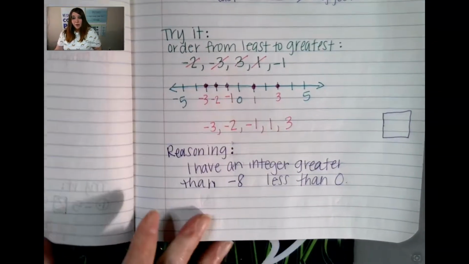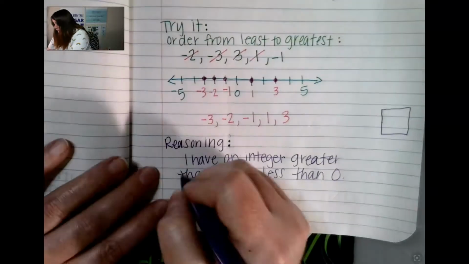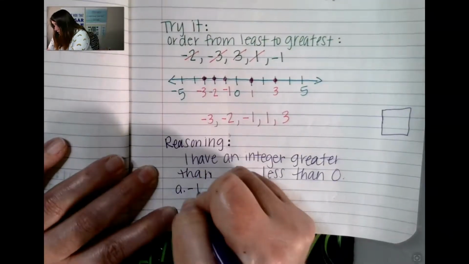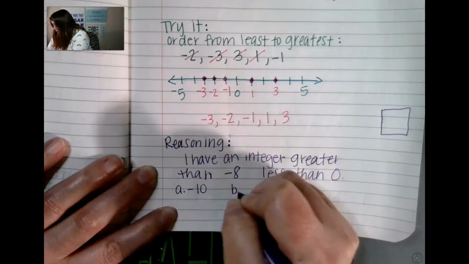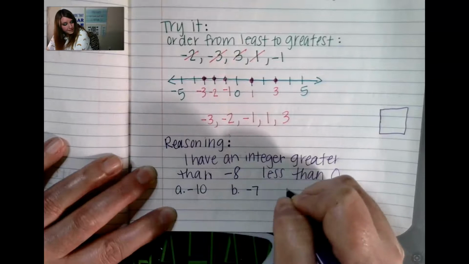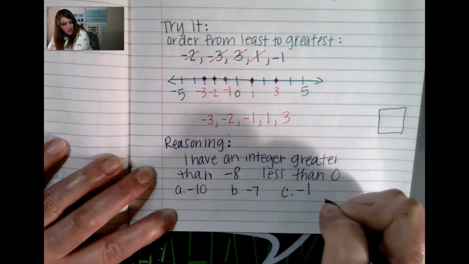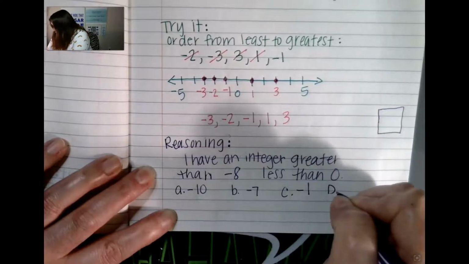Okay, so in the options that they give me, is the answer -10? Is it -7? Is it -1? Or is it 2?